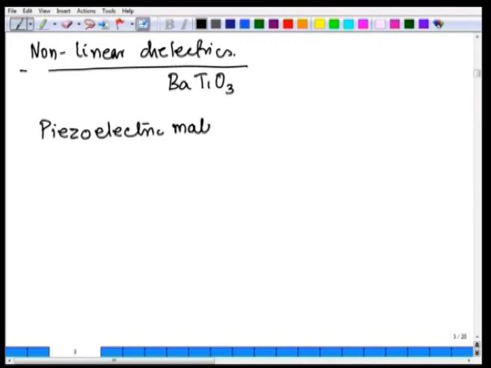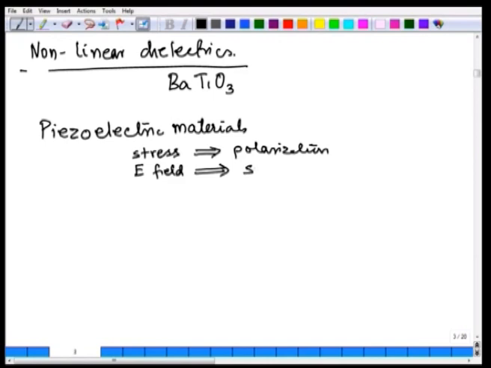Piezoelectric materials are materials that, if you apply stress, produce polarization. Stress means mechanical stress. If you apply it, they produce polarization, or charges. Or if you apply an electric field, then they produce strain.